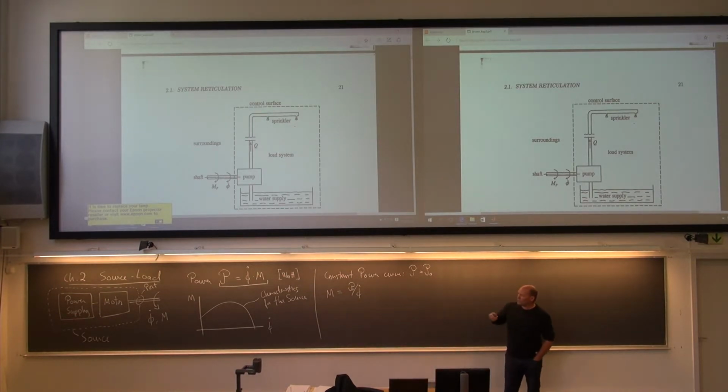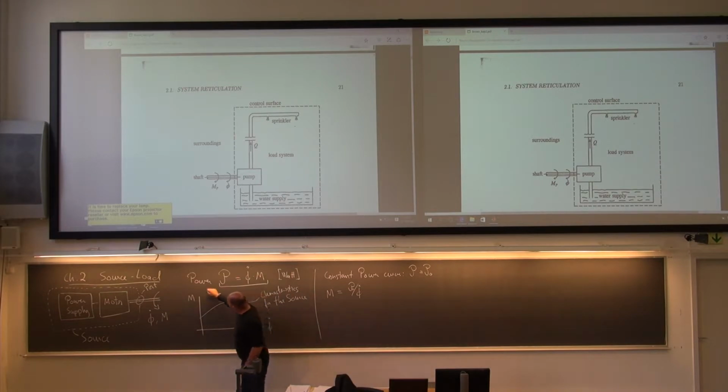And you see this is a curve that is going to be a hyperbola. So this is a constant power curve. It will be a hyperbola.